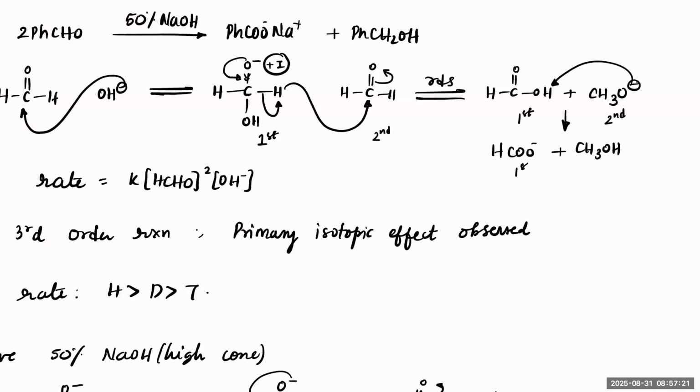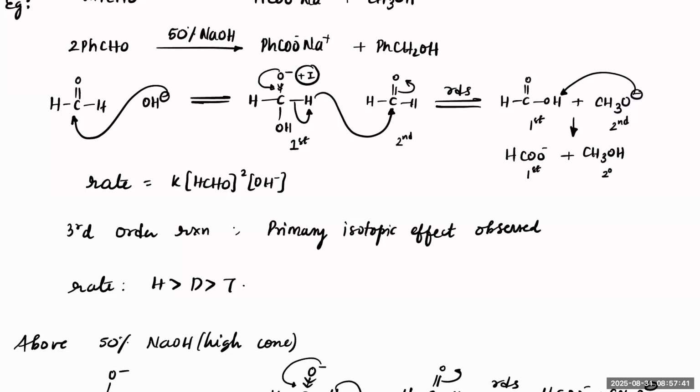And you can see from the second mole, once you get an alkoxide CH3O minus, that O minus will eventually take H plus and convert into an alcohol, while HCOO minus is the remaining part what you have. Okay. So this is the mechanism which is observed.